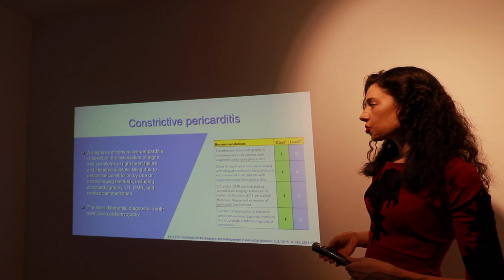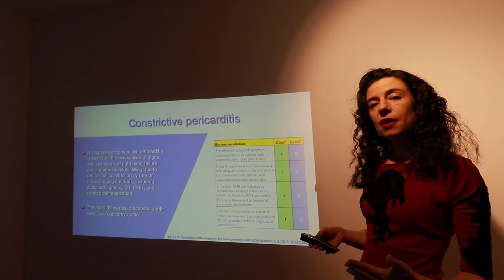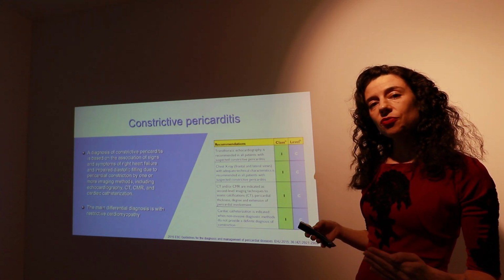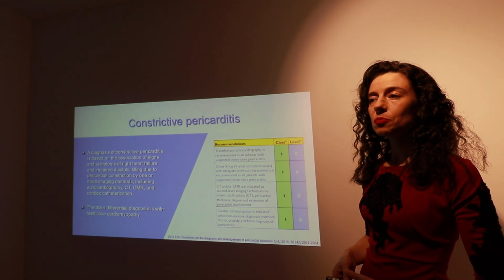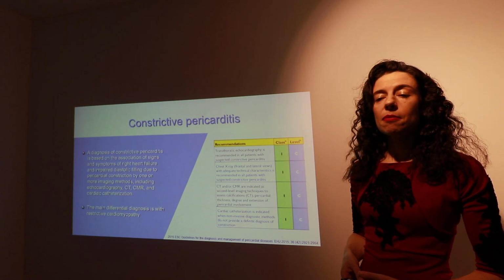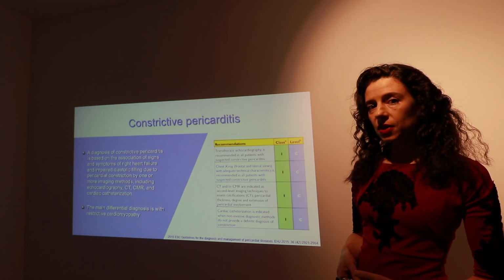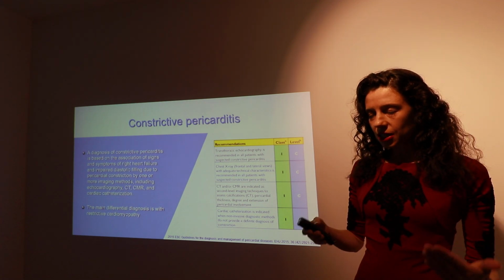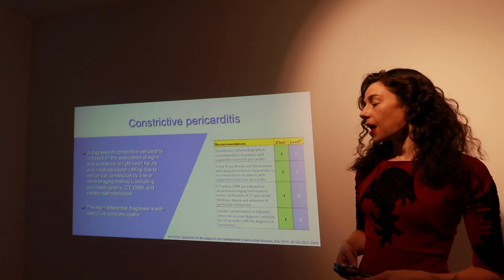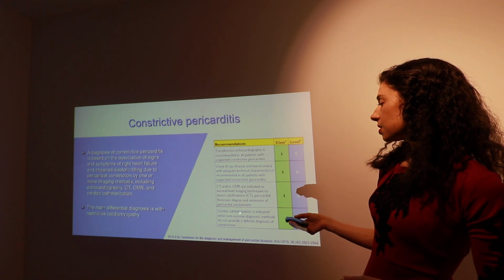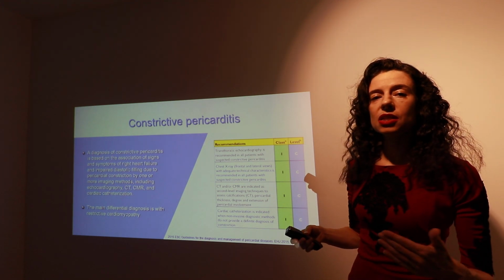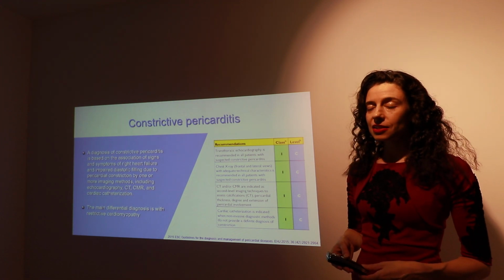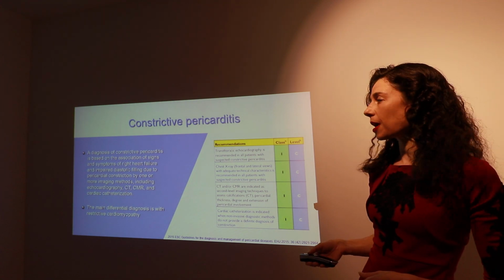So constriction could be diagnosed and should be differentiated from restriction using multimodality imaging, mainly with echocardiography, but also with CT, chest X-ray and MRI. And when the diagnosis is still not reached with these non-invasive methods, then a cardiac catheterization should also be performed.